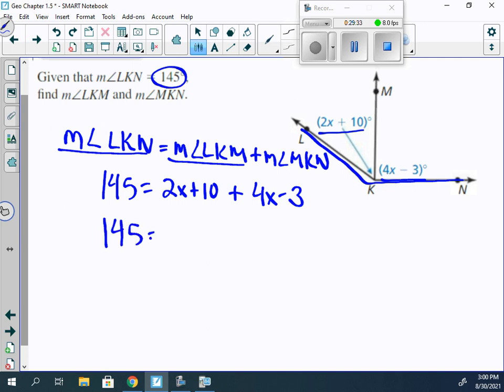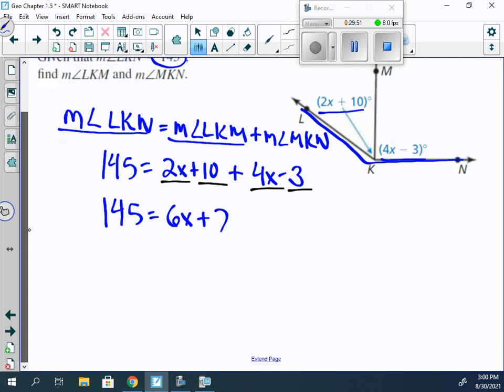Well, let's combine like terms. 2x and 4x are like terms. Well, 2x plus 4x is 6x. 10 and minus 3 are like terms. 10 minus 3 is 7. What do we need to do next in solving for the value of x?